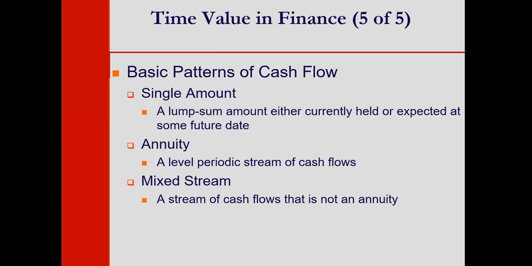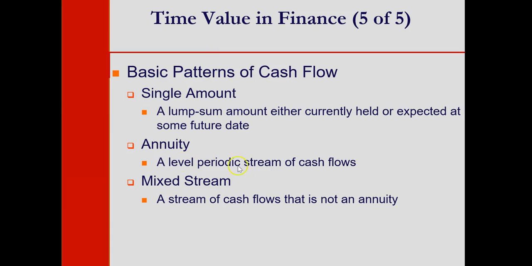So every month you are receiving $100 consistently. Then it will be considered as an annuity. If the amount that you are receiving is not the same, if it is different, then those kinds of problems would be solved separately.